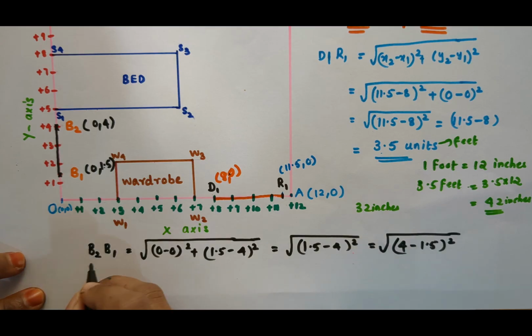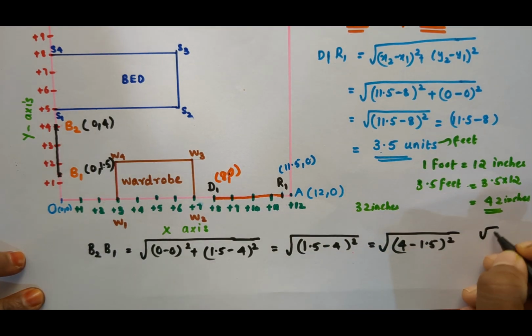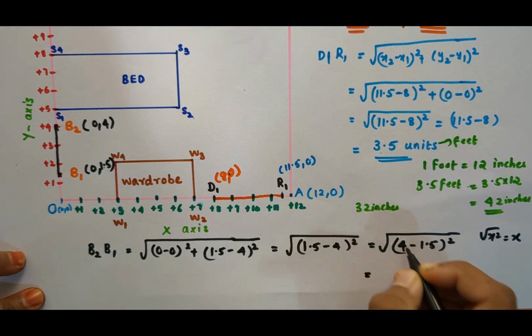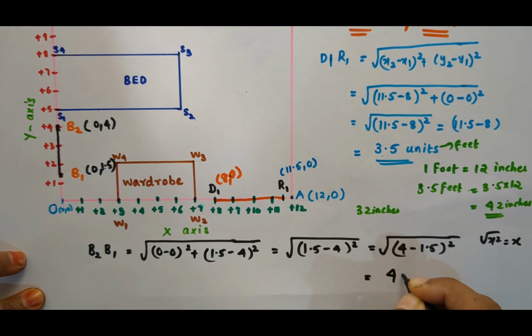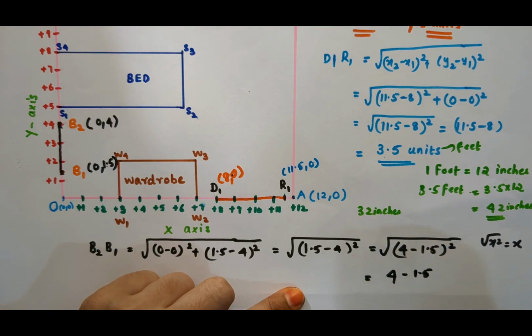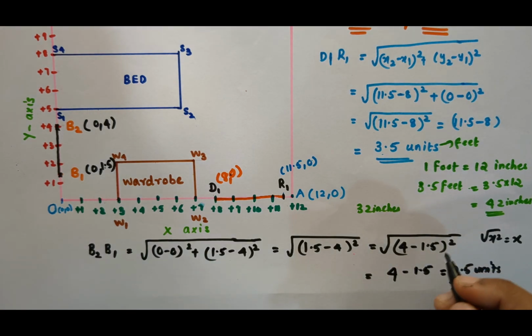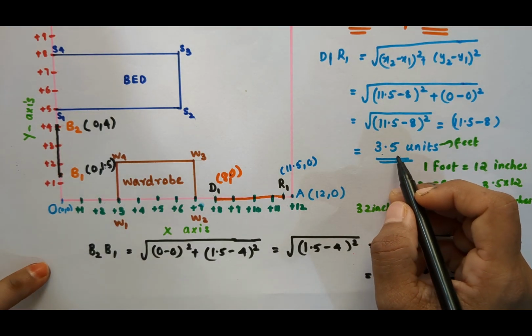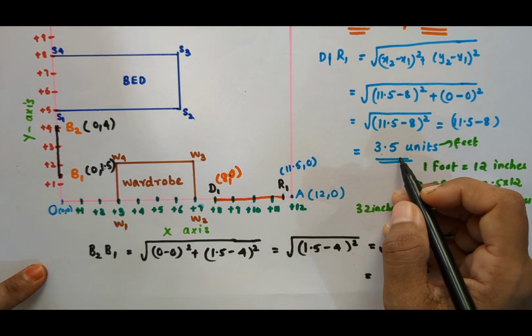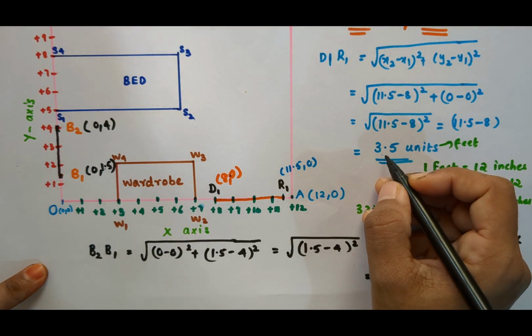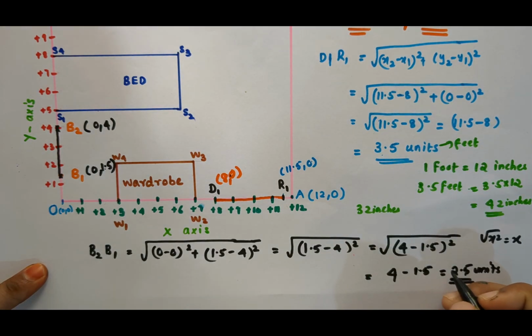The square root of x squared is equal to x, so the square root of this will be 4 minus 1.5, which is 2.5 units. So the width of the bathroom door is 2.5 units and the width of the room door is 3.5 units. Since 2.5 units is less than 3.5 units, the bathroom door is narrower than the room door.